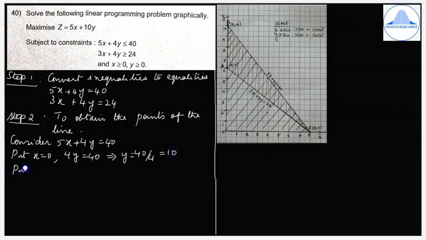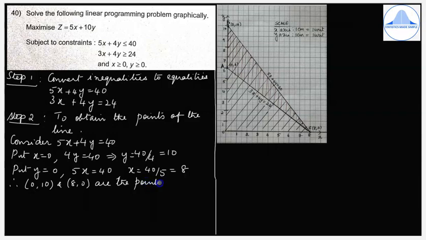Similarly, if I put y equal to 0, I will get 5x is equal to 40, or x is equal to 40 divided by 5, which is equal to 8. Therefore (0, 10) and (8, 0) are the points for this particular line.